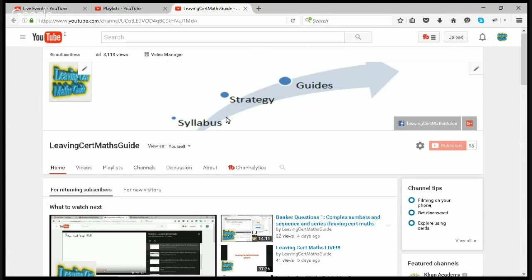So, as this beautifully pictorially shows, the basic idea was, okay, we began, and ideally if you were in 5th year, we looked at the syllabus, which you can get, the official syllabus, for free, and then look at past papers, and you can get them from the official source for free.